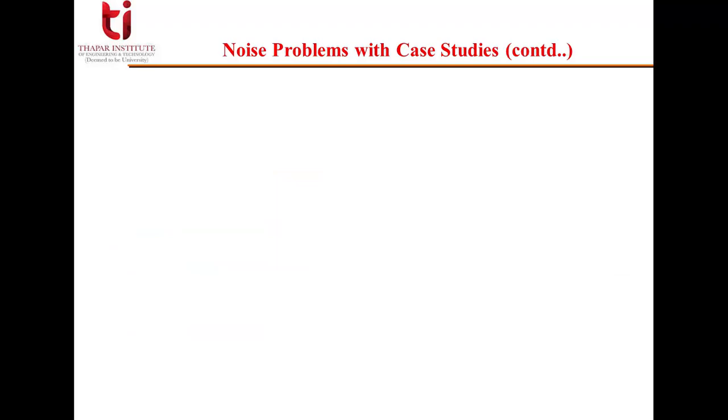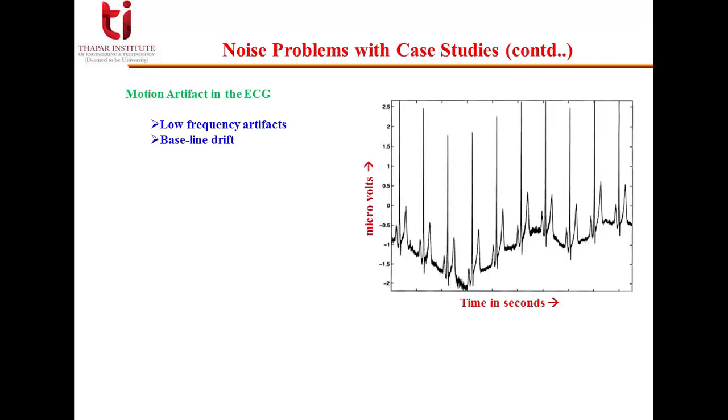Now, the other type of noise in ECG is noise due to motion artifacts. It can be low frequency artifacts and baseline drift. In this figure, you can see the low frequency artifacts in an ECG signal.